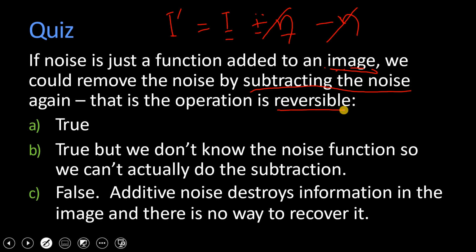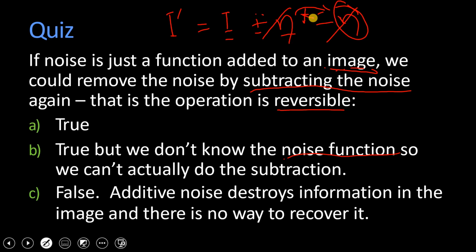So the answer for this thing is that we can subtract, but the problem is we actually don't know what is the noise. What is the noise function? What is the exact value of noise? We cannot reproduce this noise that is over there. It's not possible to reproduce the noise.